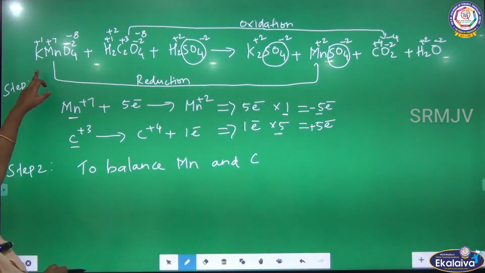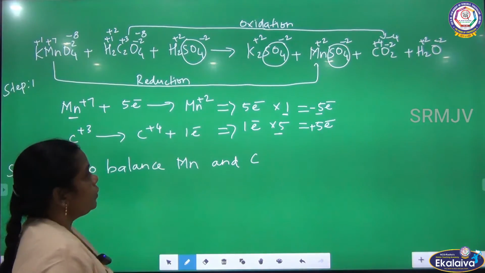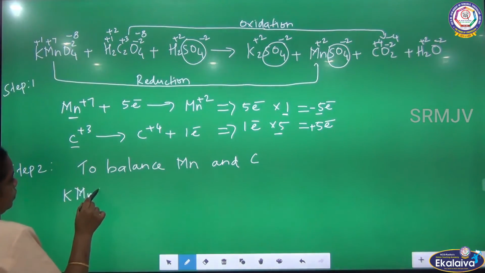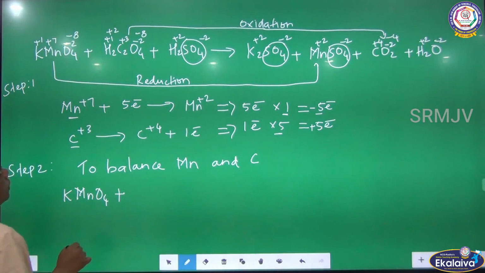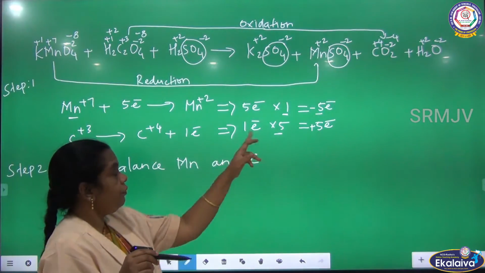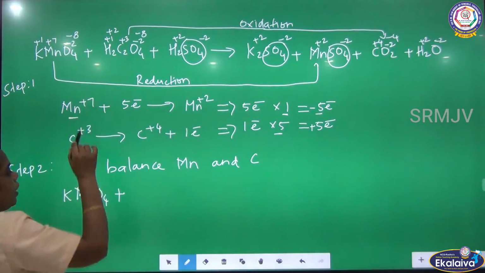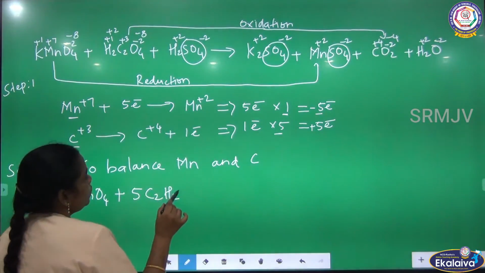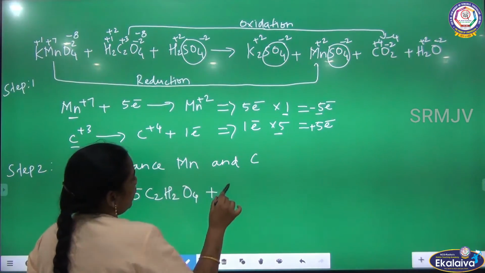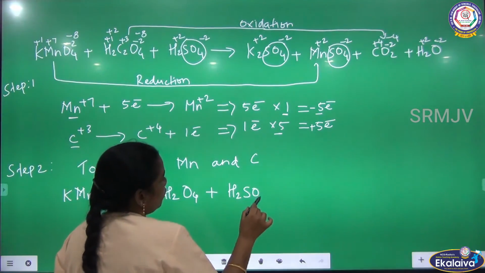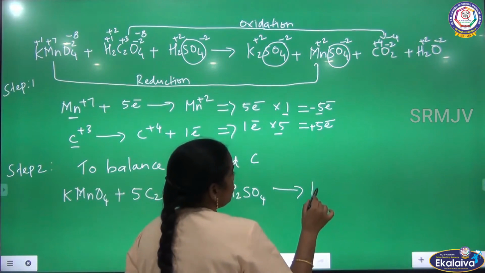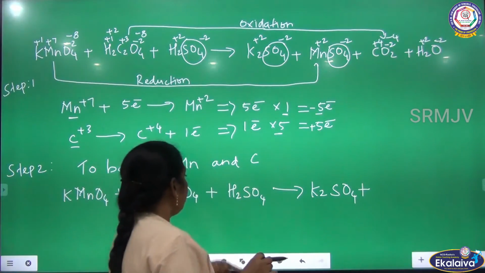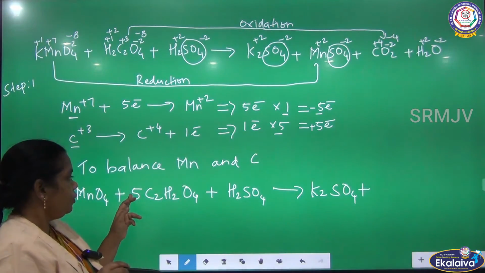So already manganese here 1 and there also 1, so no need to make any correction in that manganese. KMnO4 plus, you want to multiply carbon by 5. So how many carbons here? 5 C2H2O4 plus H2SO4 gives K2SO4 plus, now you want to balance here, carbon 5 into 2 is 10.